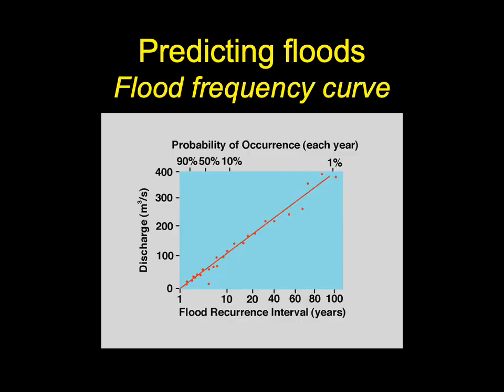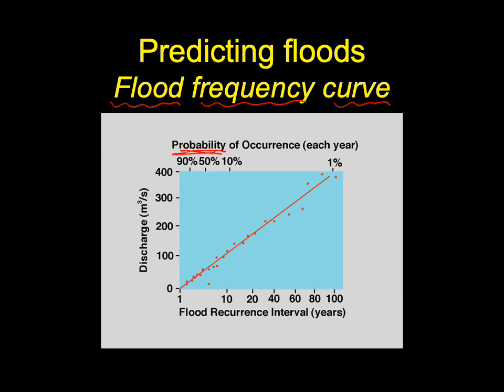One of the things we can use these hydrographs for is to figure out whether we can predict the likelihood that a certain river is going to flood at a certain interval. What's the recurrence interval that you'll get a massive flood every 10 years or something like that? So we can create something called a flood frequency curve. What we're doing is predicting the probability.